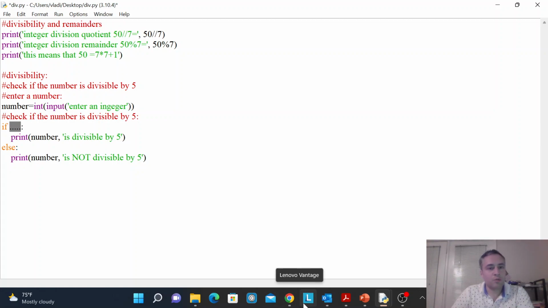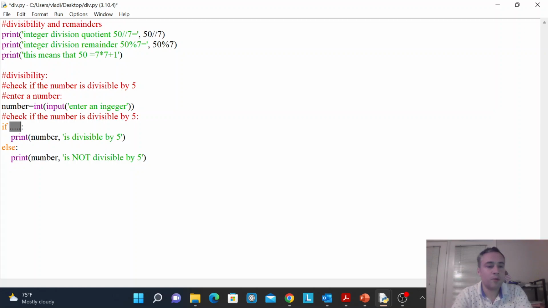All right, so remember basic math, a number is divisible by 5 if the remainder is 0. So for example, 50 is divisible by 5 because 50 divided by 5 is 10 and the remainder is 0. And 6 is not divisible by 5 because the quotient would be 1 and the remainder would also be 1.